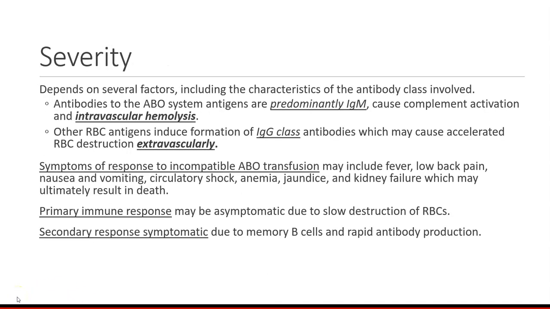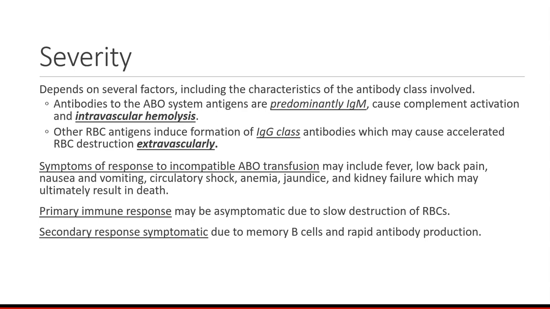The severity of a transfusion reaction will depend on several factors, including the characteristics of the antibody class involved. Antibodies to the ABO system antigens are predominantly IgM. They cause complement activation, which results in intravascular hemolysis. Intravascular hemolysis is hemolysis occurring within the blood vessels. So intravascular, in the blood vessels.